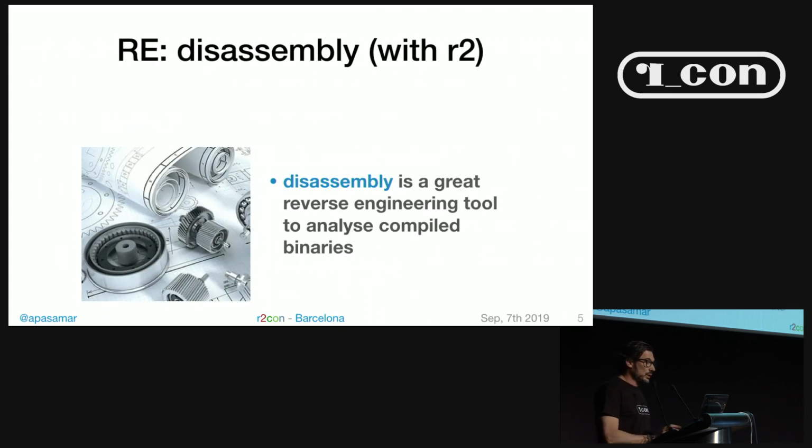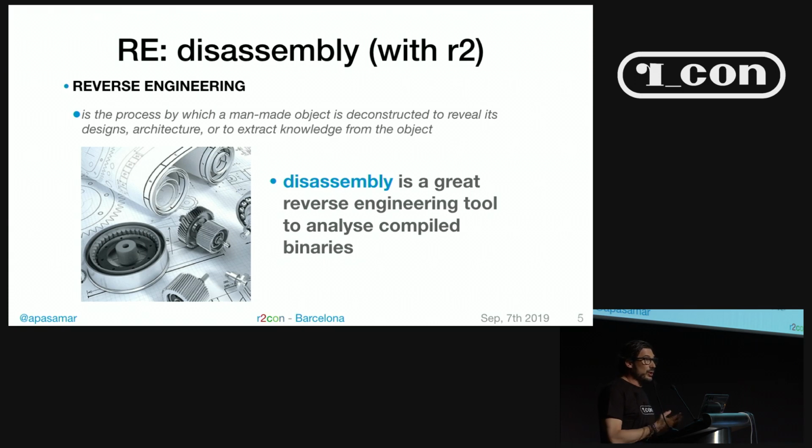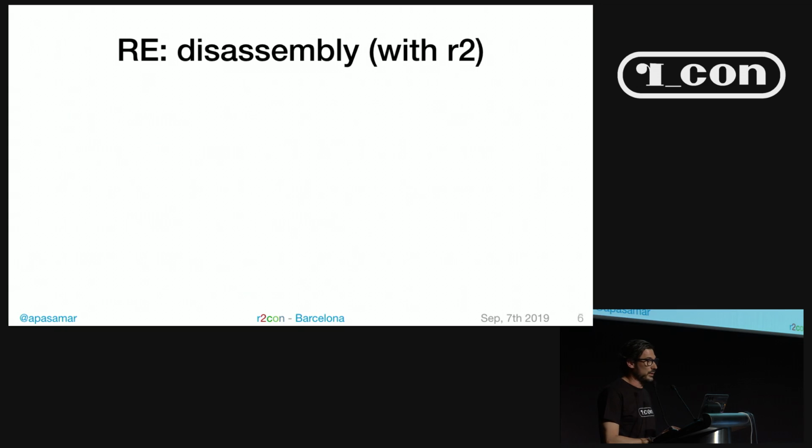Well, first of all, the reverse engineering process is the process of deconstructing and extracting knowledge from an object that is man-made. In this case, for example, a malware binary. And disassembly is a great tool to analyze compiled binaries, of course. So as a part of the malware analysis process, disassembly is an advanced static technique we can use.